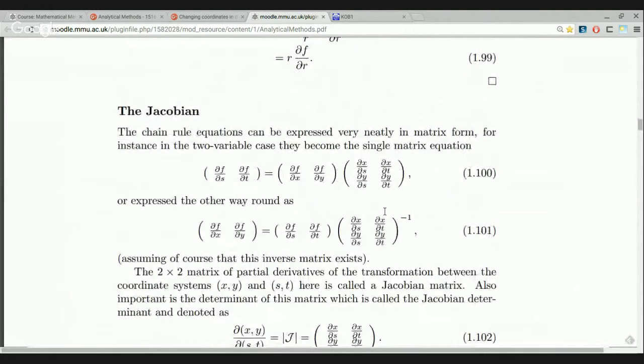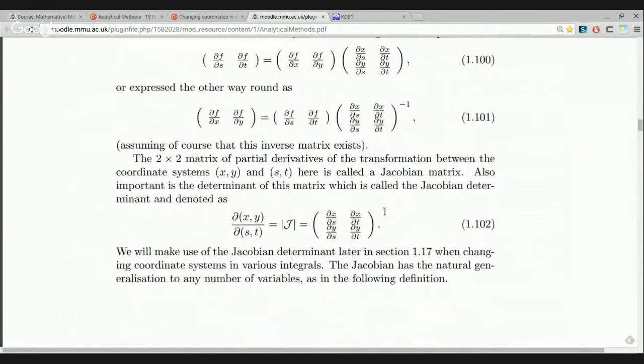When we did the chain rule for functions of two variables, we introduced this object called the Jacobian. This Jacobian is the matrix of partial derivatives of the transformation. So here we have the Jacobian at the bottom, of the transformation from the Cartesian coordinates x, y to some new coordinate system s, t. So it's a matrix of partial derivatives.